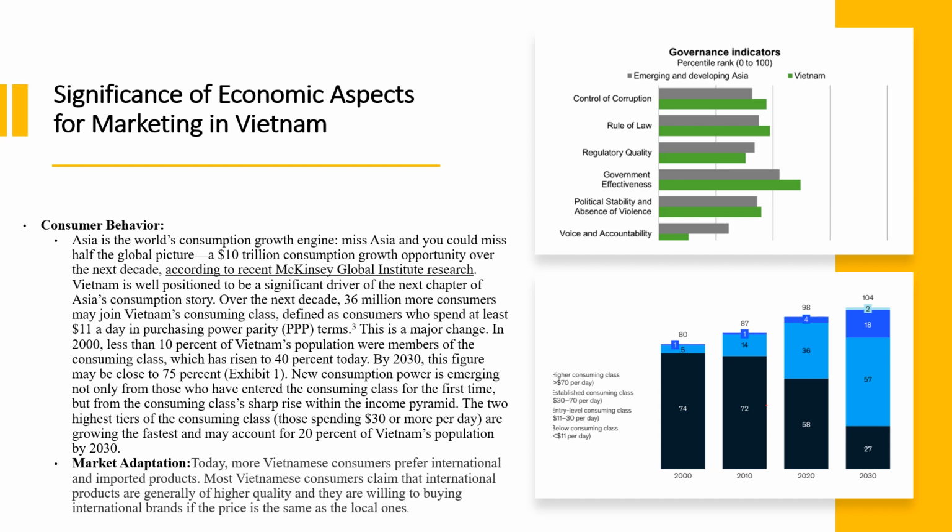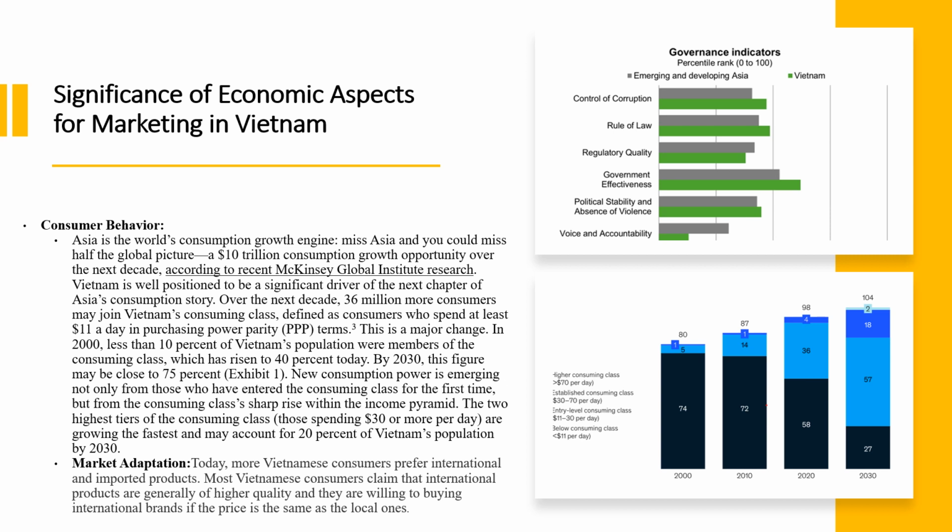By 2030 the figure may be close to 75%, and new consumption power is emerging not only from those who join the consuming class for the first time, but from the consuming class rising within the income pyramid. The two highest tiers of the consuming classes are growing the fastest and may account for 20% of Vietnam's population by 2030.